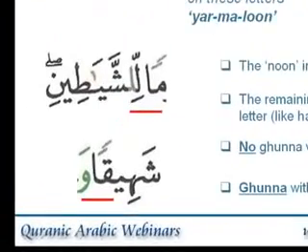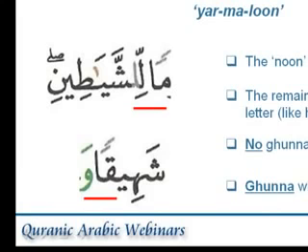Let's look at 2 examples. The first one, here we have the word man and then lish shayateen. So we have man, which is tanween, i.e. fathatain. The next letter in the next word is lam, so it's beginning with the lam.